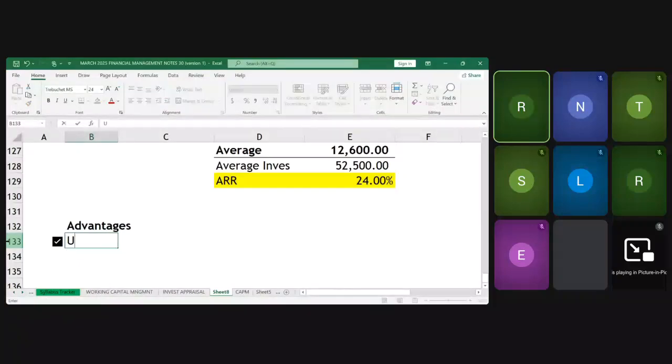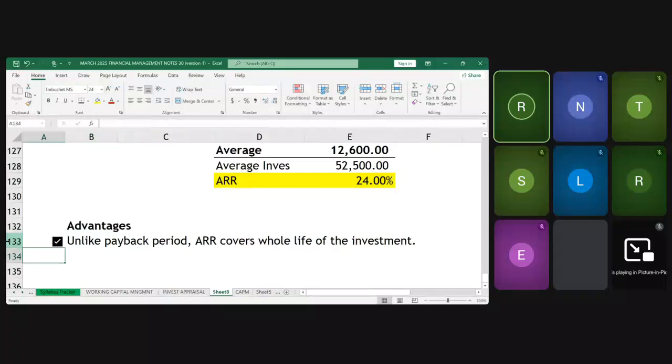Number one, unlike payback periods, ARR covers the whole life of the project, of the investment.